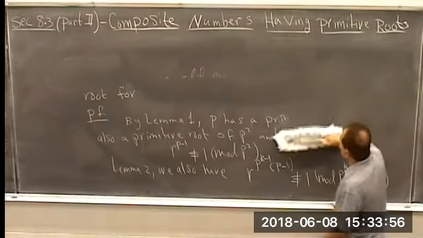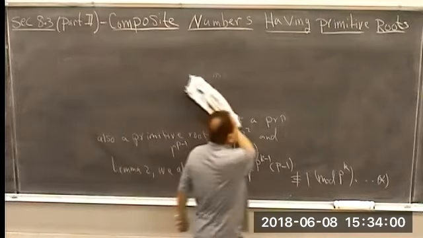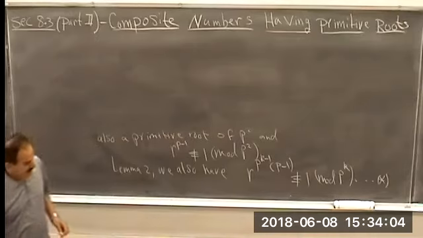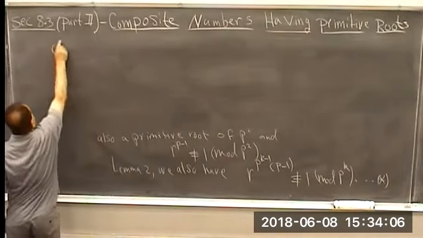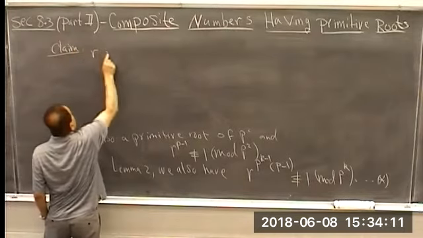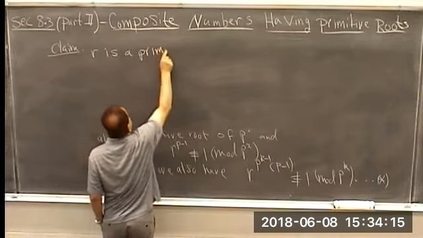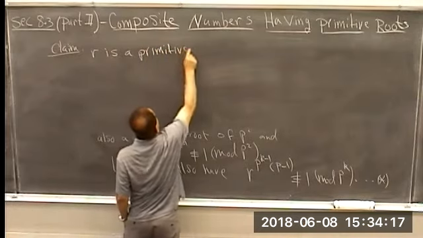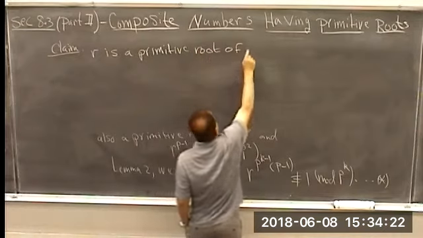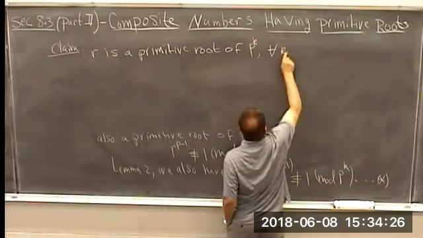Well, let me put the claim: that R is a primitive root of p to the k for every k.